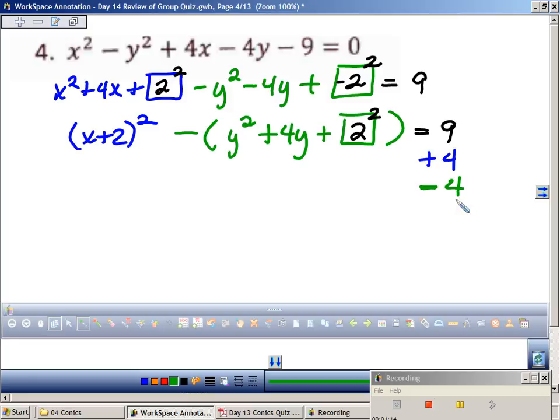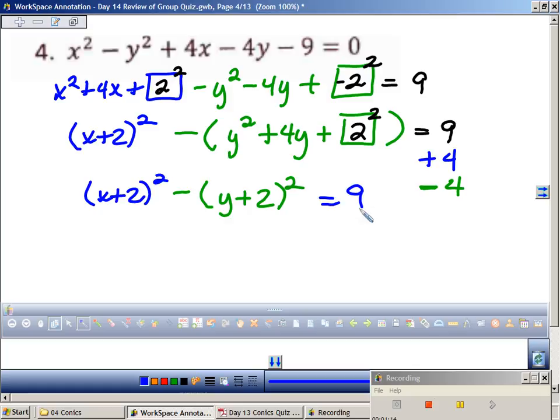Does everybody see that? Yes. I added 4, but I have to apply that negative to it. So this becomes x plus 2 squared minus y plus 2 squared, all equals 9. And I divide everybody by 9.